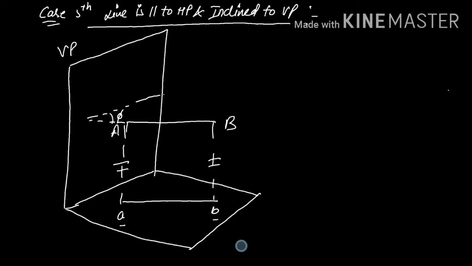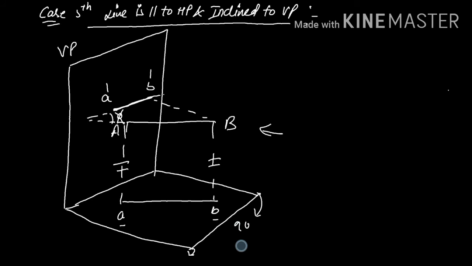Okay, similarly when you look from the front side, this is my projection A dash B dash. Okay, now after that what we do, we rotate our plane by 90 degrees.